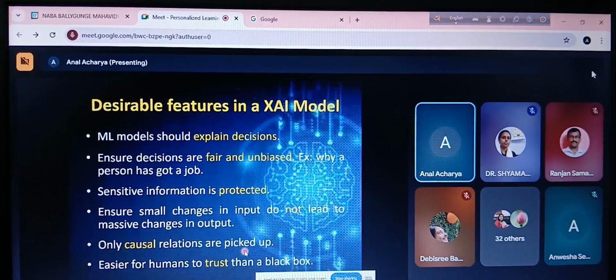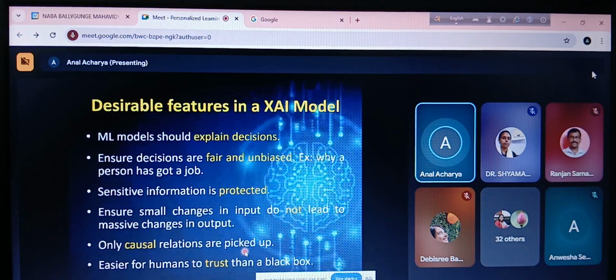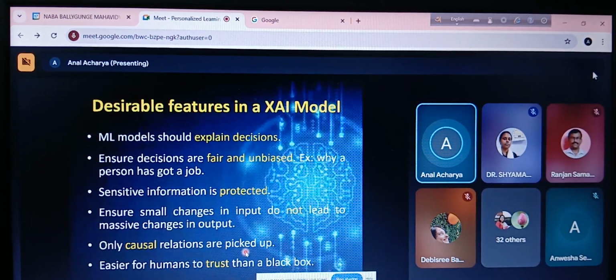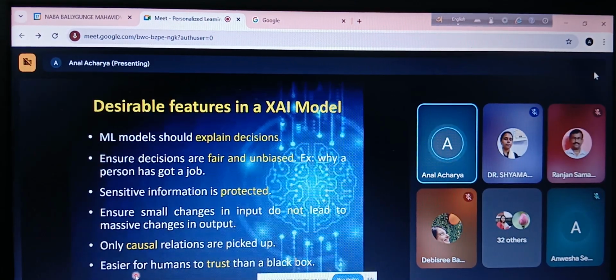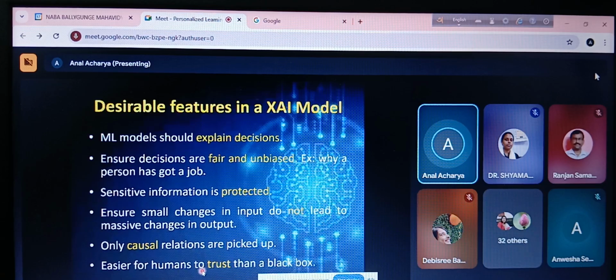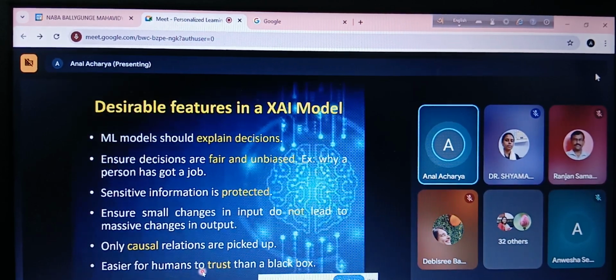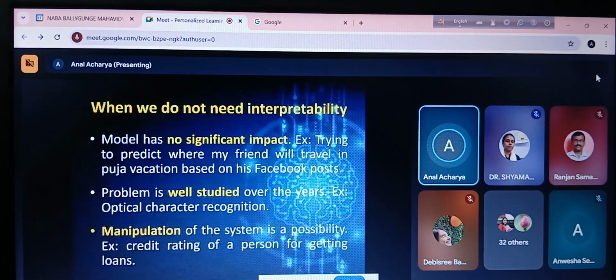Isn't it? So this cause should be picked up very clearly. Why is there such a relationship? And easier, whenever we know that someone has made a decision, if we understand the reason behind the decision, then of course we accept it in a much easier manner.